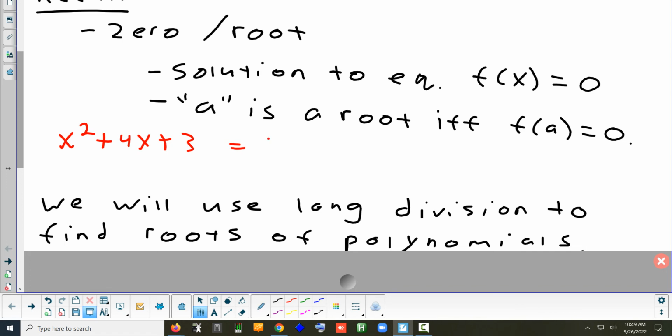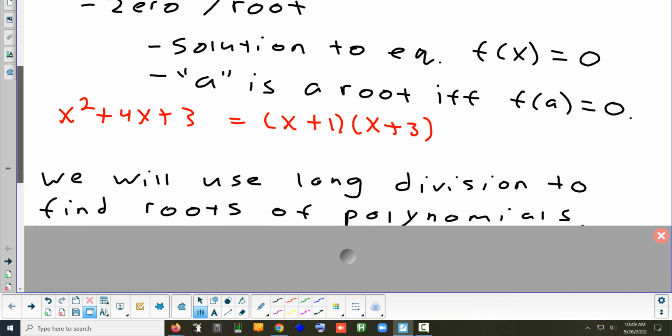But if I write a factor as x plus 1, x plus 3, now I can say -1, -3, done. Very, very quick. So if you can factor something, it makes it easy to find the roots. That's why we do it.